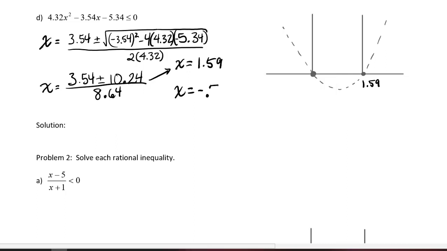We'll just round it up to -0.78. Now that we've done that, we can write our solution because we know where the function is less than or equal to 0. The solution is on the interval from -0.78, including it, so the closed interval -0.78 to 1.59.